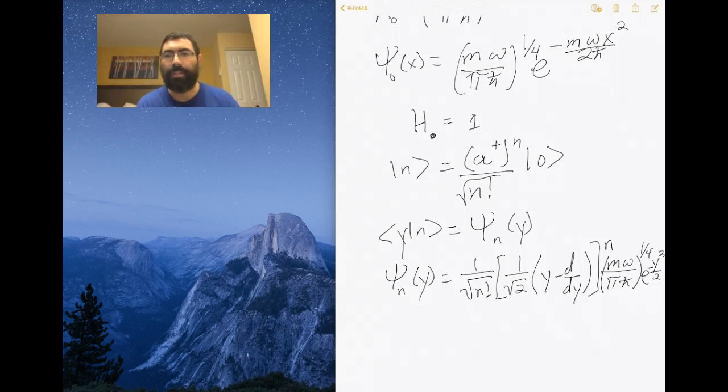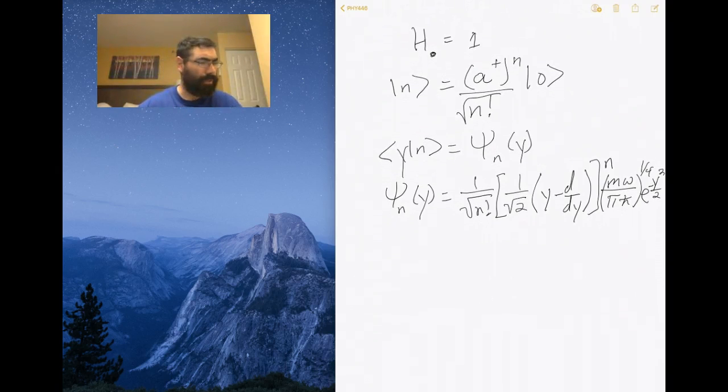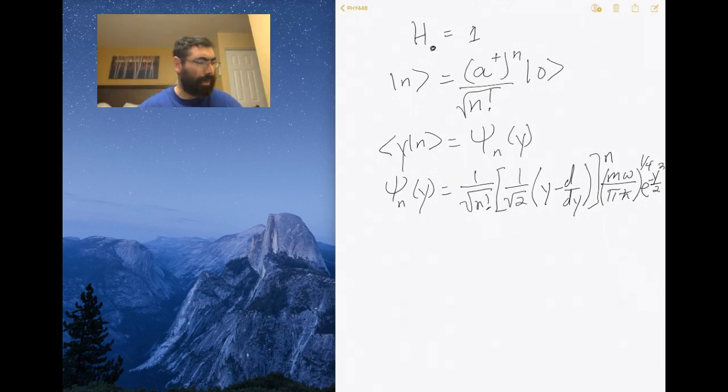But anyway, the point is right now, what we have to do is basically take the derivative n number of times on e to the minus y squared over 2. And so then what you get is, if I compare this, let me rewrite it a little bit cleaner.